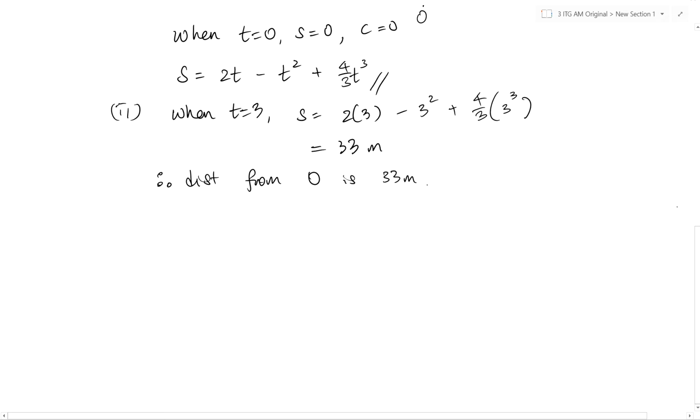Earlier on I mentioned that distance of P from O is simply displacement. I take that back, that is incorrect. Distance of P from O refers to the scalar value. So in this case, I am lucky because the displacement happens to be positive. So the distance of P from O is 33 meters.